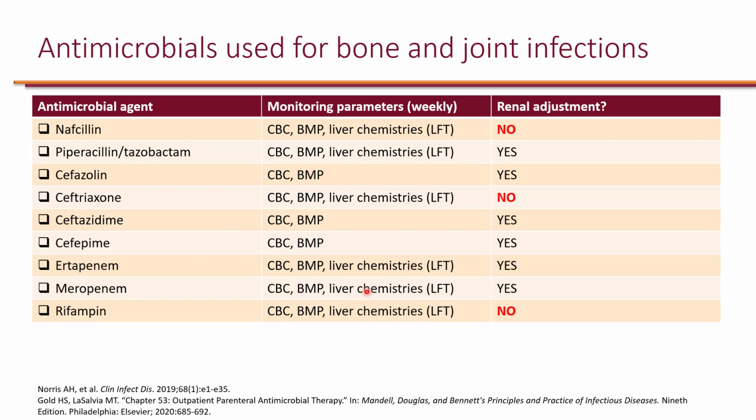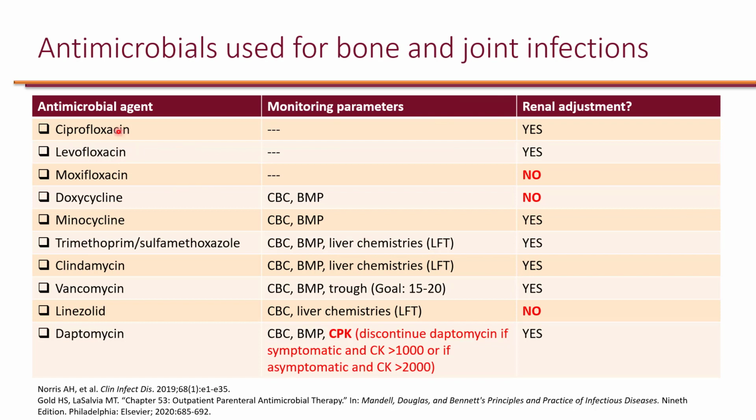For some of these agents that are more likely to assault the liver, chemistries are also recommended to be monitored weekly. And of course, nafcillin, ceftriaxone, and rifampin are not renally adjusted.